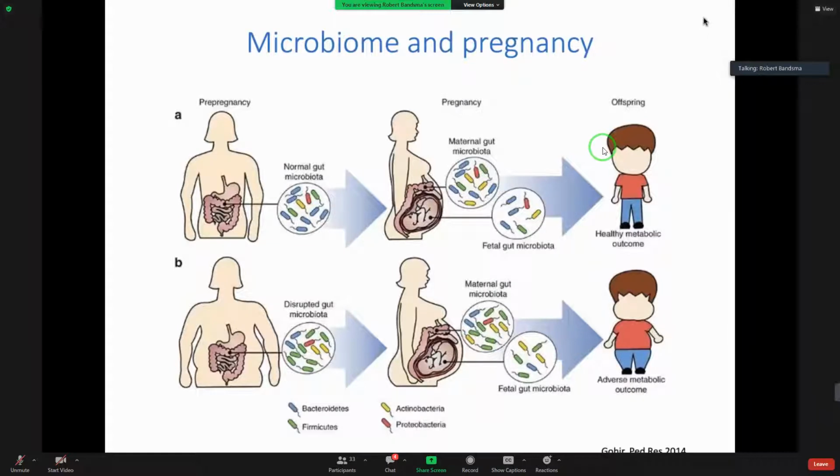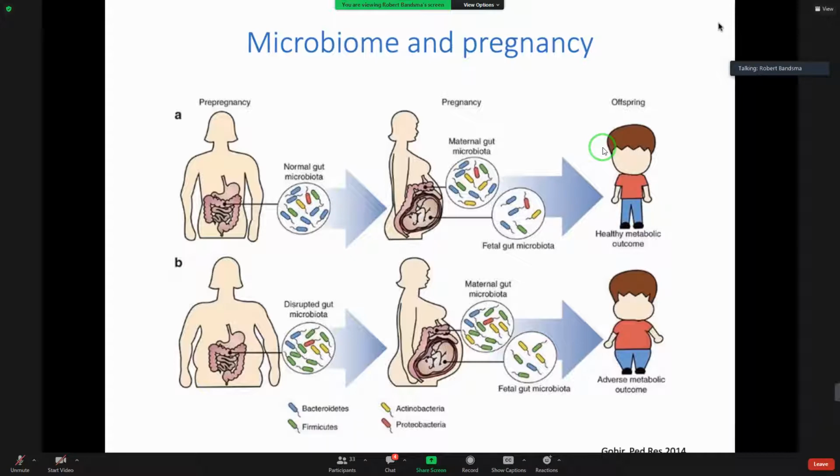Okay, but everything starts with being born, or even before being born. So there's growing data that pregnancy, or actually pregnant women, and the microbiome in pregnant women can affect the microbiome of the offspring.